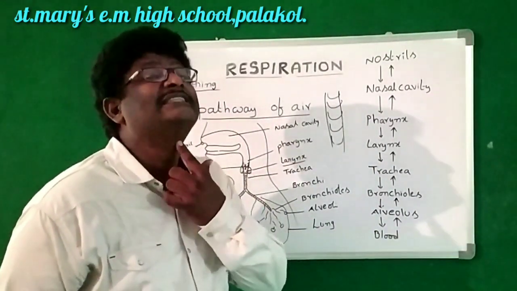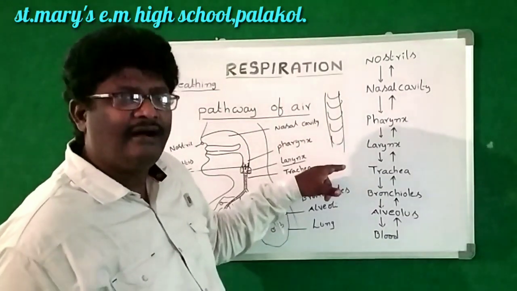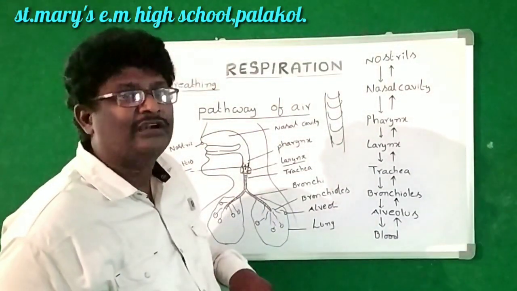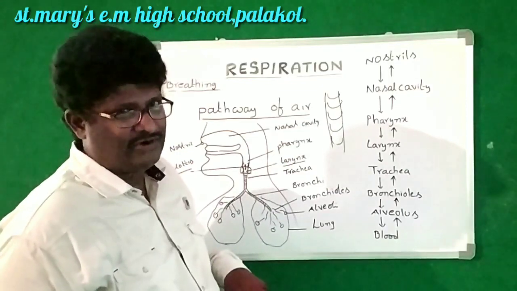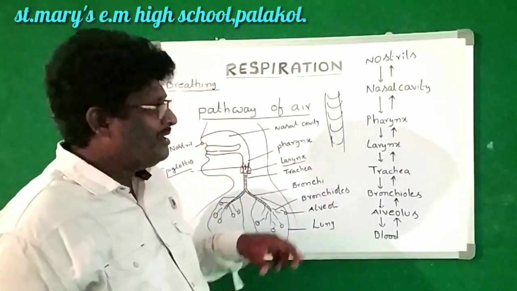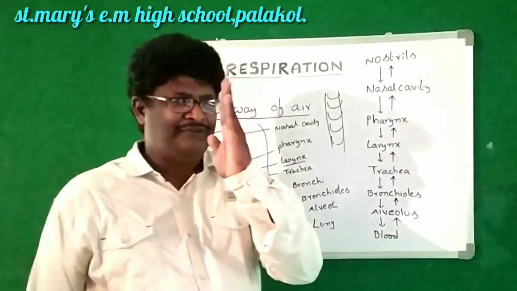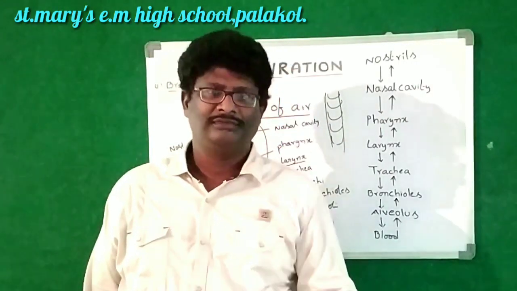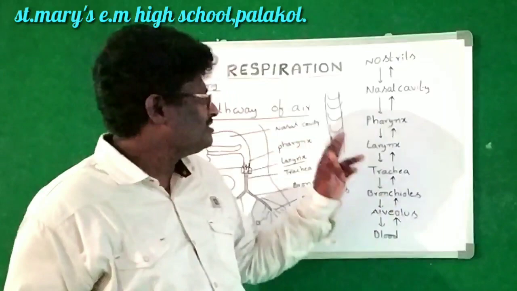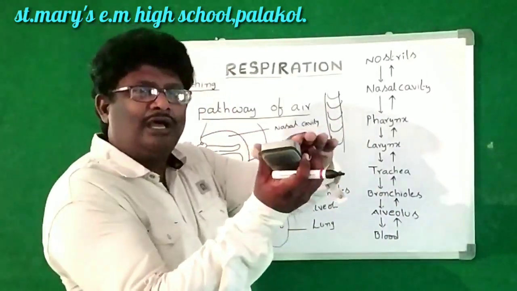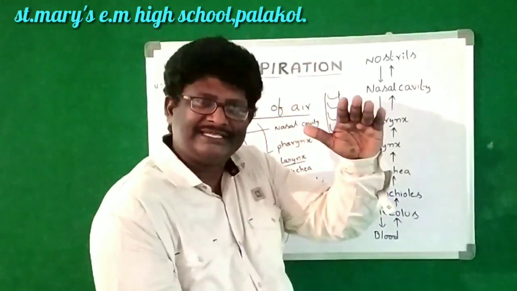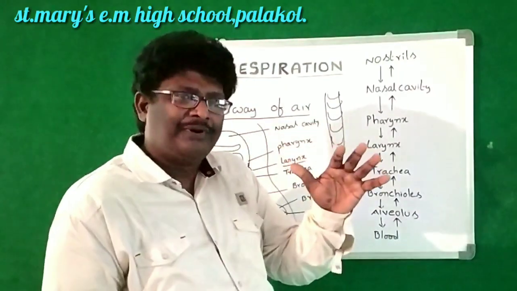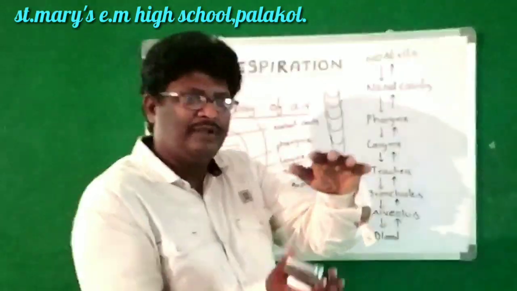These C-shaped rings are made up of cartilage tissue. Because of these rings only, the windpipe stands in an erect position. If there were no C-shaped rings, the windpipe would collapse.